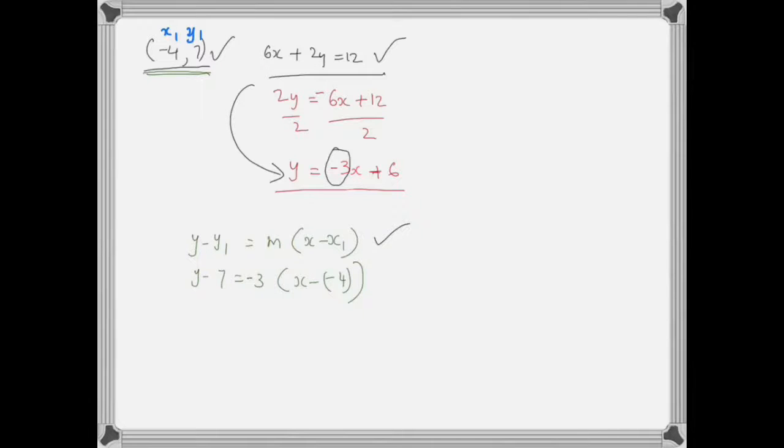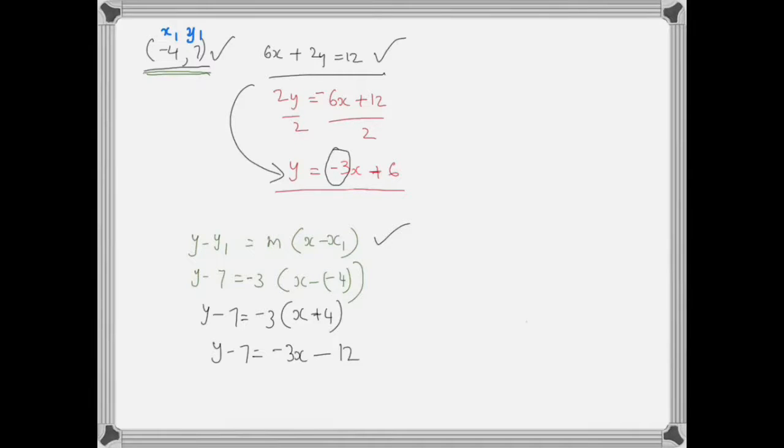So negative 3 times x minus x1, and x1 is negative 4. So you will get y minus 7 equals negative 3 times x plus 4, which is y minus 7 equals negative 3x minus 12, because this is minus and this is plus.